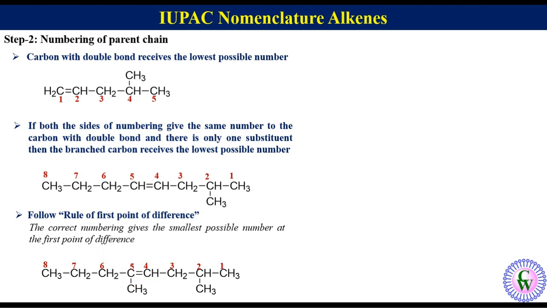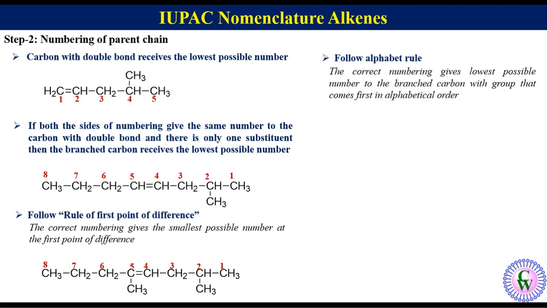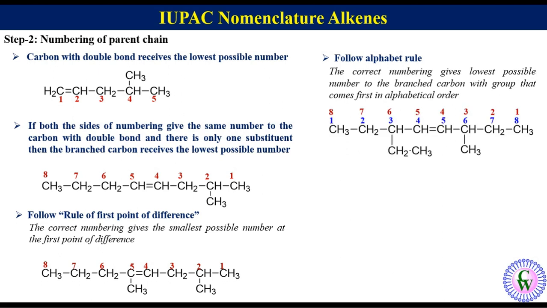If there is a tie at all the points, then follow the alphabet rule, according to which correct numbering gives lowest possible number to the branched carbon with group that comes first in alphabetical order. For example, let's take this molecule. We can see here that both the numberings give same positioning of carbons with the double bond and also the branched carbons.